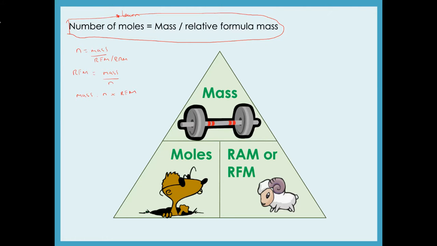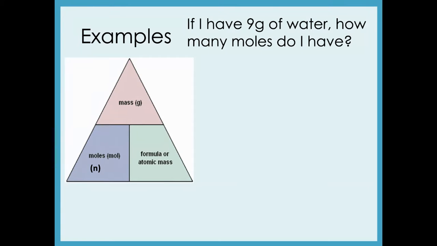So if we don't like rearranging, we can just remember the magic triangle, and then we can just cover up the quantity we want. And then it allows us to work out what the other one is. So a couple of examples here. If I've got 9 grams of water, how many moles do I have? So number of moles is the mass, and water's a compound, so it's going to be the relative formula mass.